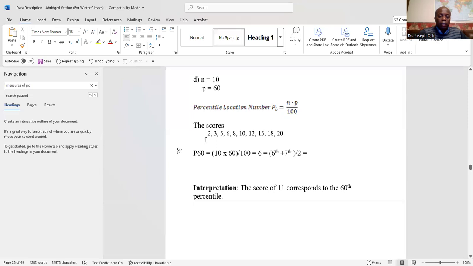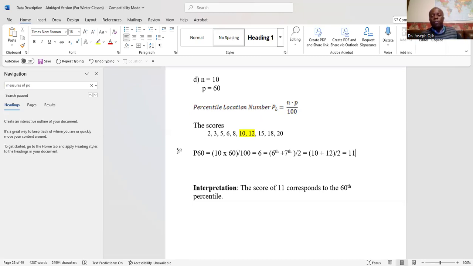If you look at the list, 1, 2, 3, 4, 5, this is the 6th number here, and this is the 7th number. So that gives us 10 plus 12, divided by 2. 10 plus 12 is 22, divided by 2 is 11.